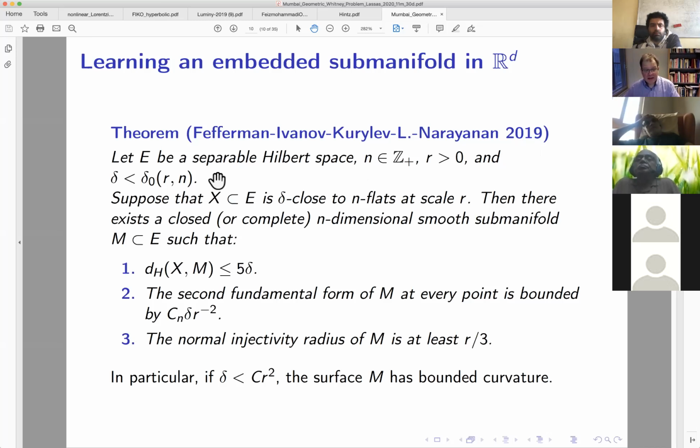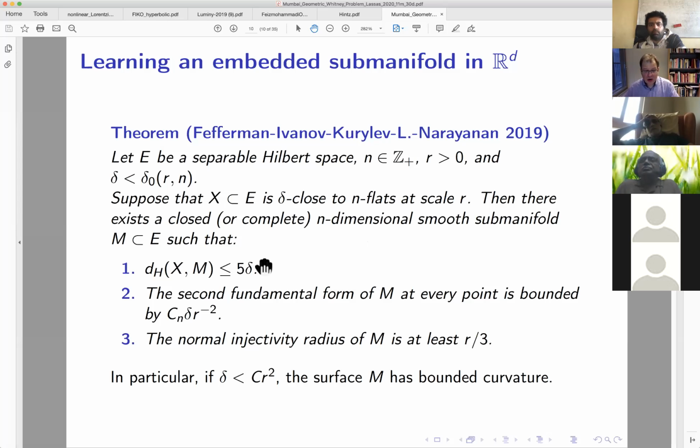Then if we have some subset of the Euclidean space that is delta close to n flats at scale R, then it's possible to construct a closed surface if it's bounded, or complete if it's unbounded, an n-dimensional smooth submanifold such that the Hausdorff distance of the dataset to the smooth surface is smaller than 5 times delta.